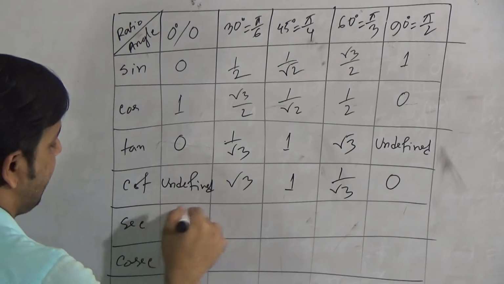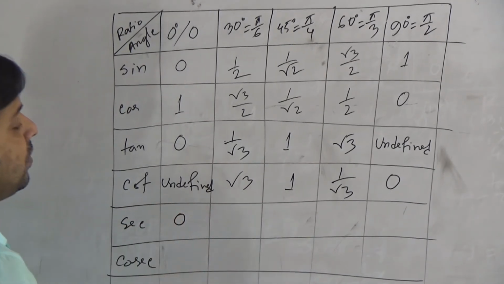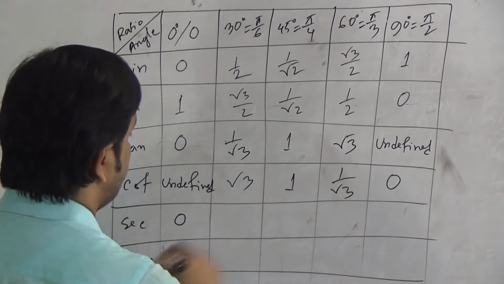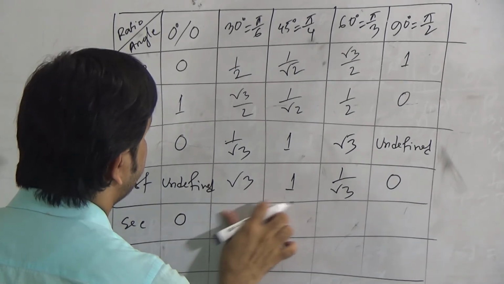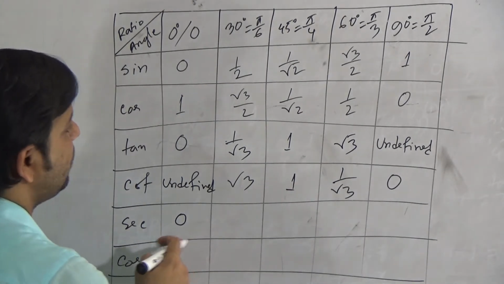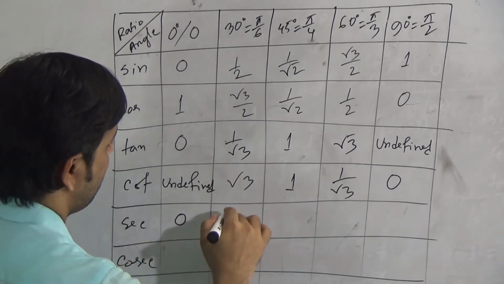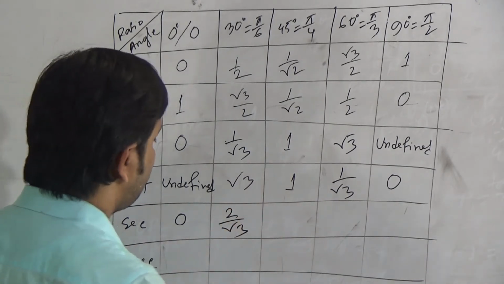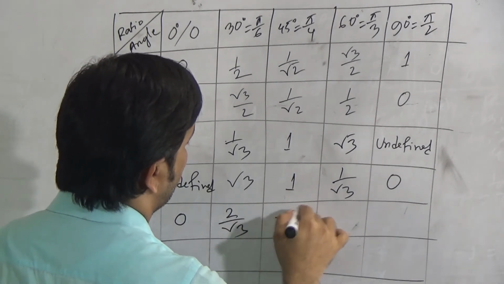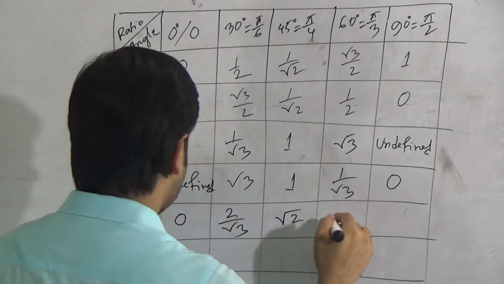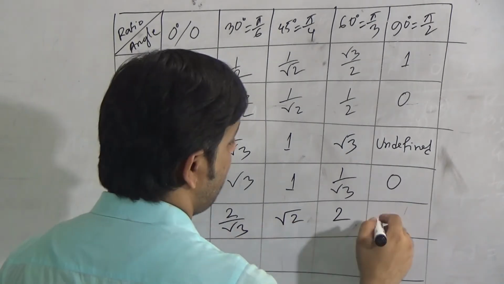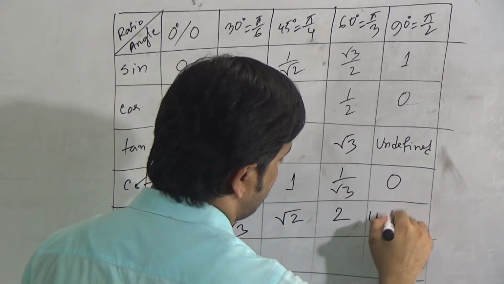Now sec 0 degree is 1, sec 30 degree is 2 by root 3, sec 45 degree is root 2, sec 60 degree is equal to 2, and sec 90 degree is undefined.